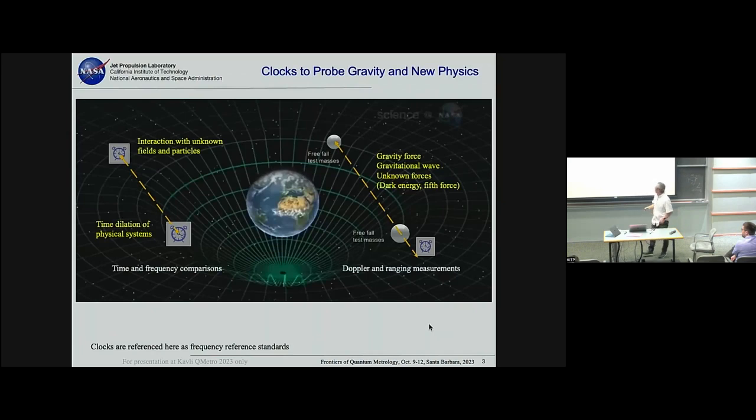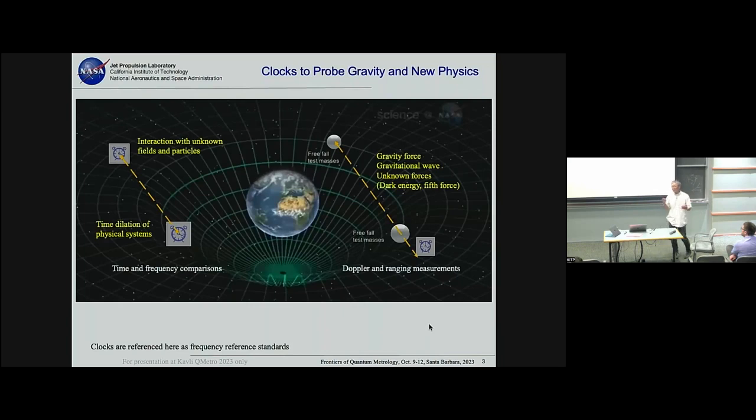I should say there are two points to make. One is that in terms of gravity force measurement, direct test mass is always going to be a larger effect than time dilation. That's why you're not using time dilation for gravitational wave detection.